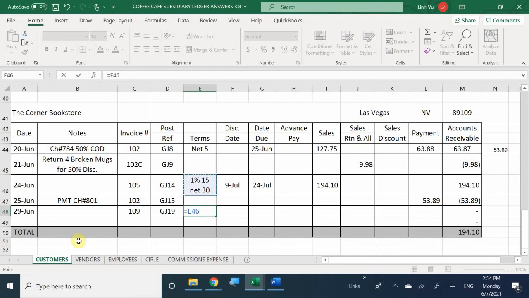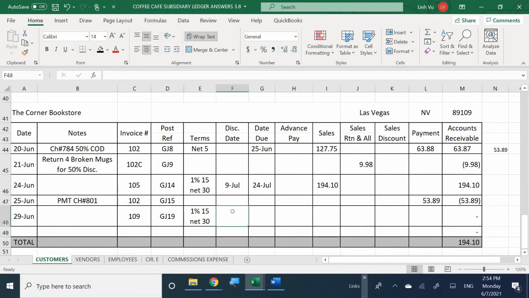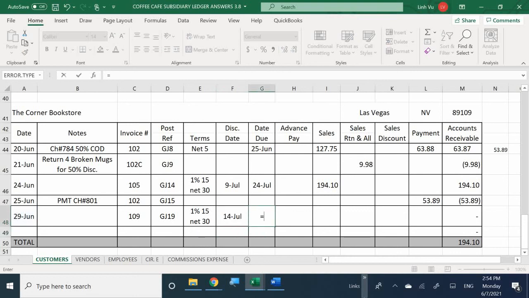And 115 at 30. Discount date, July 14th. July 14, good. Due date would be July 29th. July 29, good.